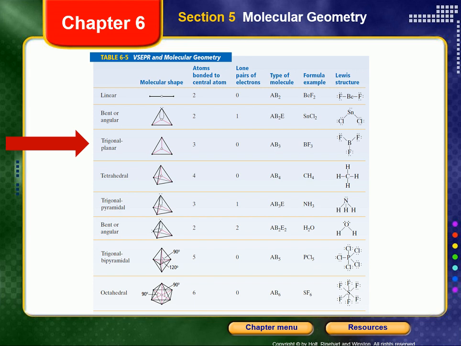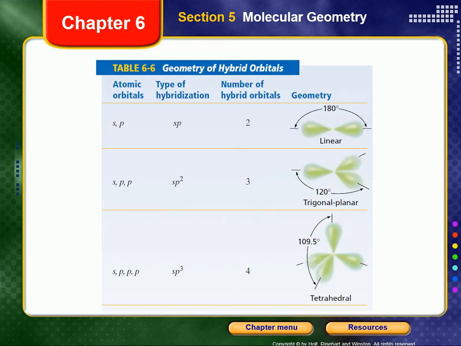The trigonal planar geometry of molecules such as boron fluoride, BF3, is made possible by a hybridization involving the s orbital, 1 singly occupied p orbital, and 1 empty p orbital to yield sp2 hybrid orbitals. The geometries of sp, sp2, and sp3 hybrid orbitals are summarized in table 6-6 on page 189 of your text or on the screen now.